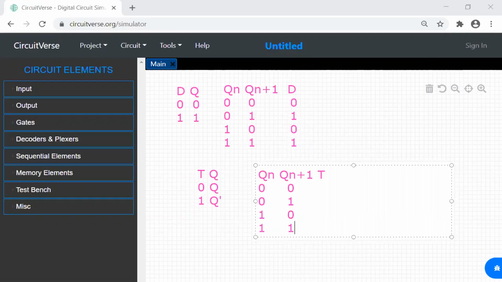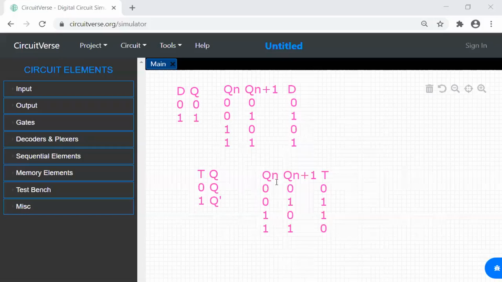If Qn and Qn plus 1 is 0, 0, what will happen? T will be equal to 0. Now this is the excitation table for T flip-flop. You can see that the excitation table for T flip-flop follows the XOR gate.